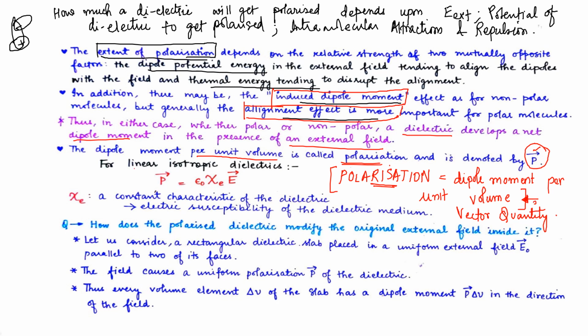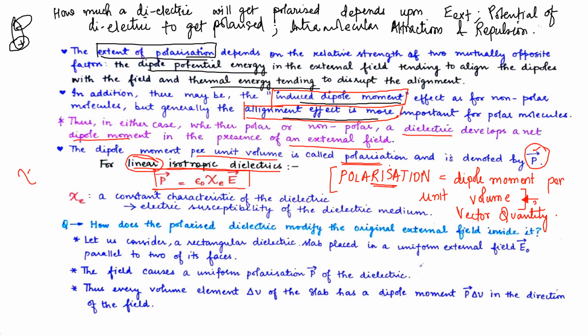Now for a linear isotropic dielectric, we read in the previous slide what a linear isotropic dielectric is: something which has properties of getting polarized properly and efficiently. So the polarization P is given as P equals epsilon naught chi e E with head arrows.